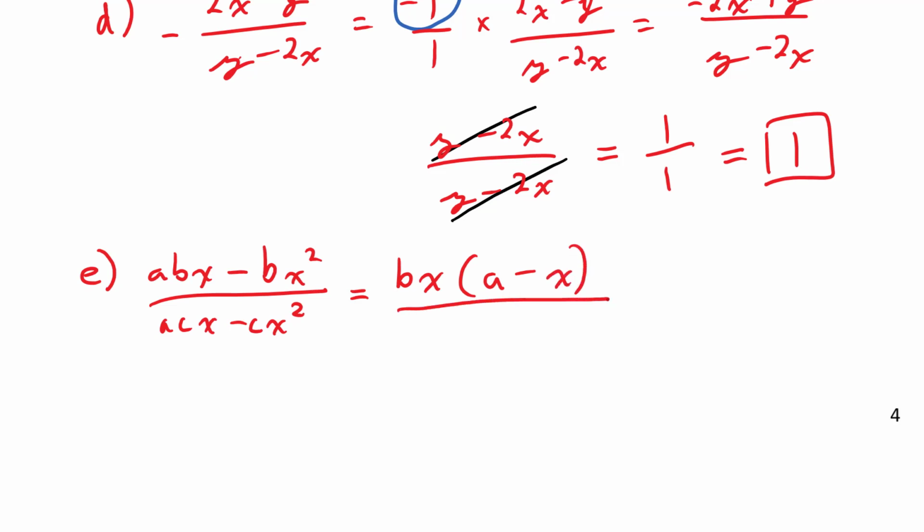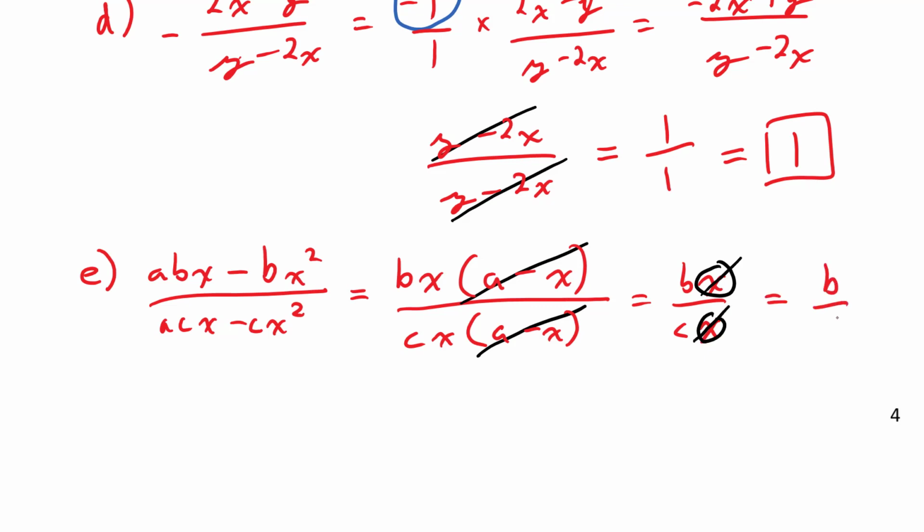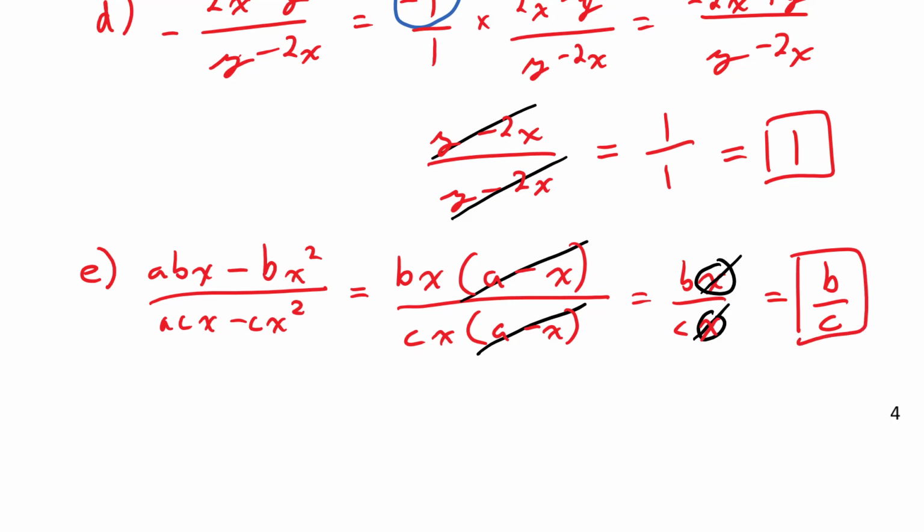On the bottom here, I can pull out a c and an x, times a minus x. What do you see now? I have the same value on the top and the bottom. They cancel each other out. This leaves me with bx divided by cx. And again, we have the same value on the top and the bottom. These cancel each other out. And my final answer here, b over c.